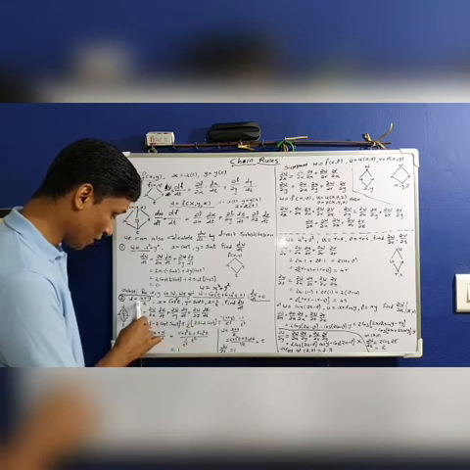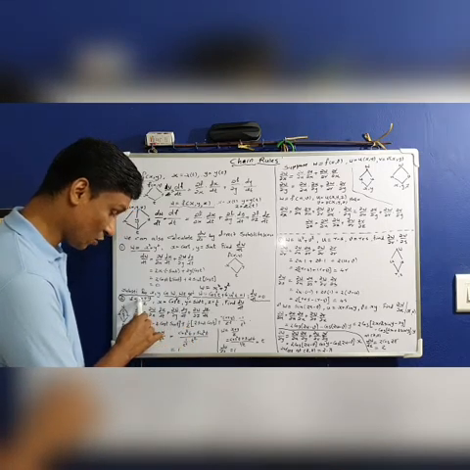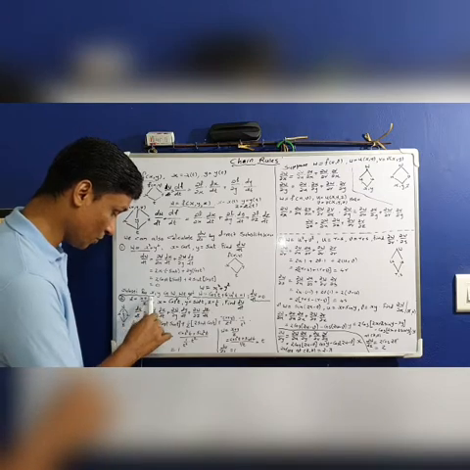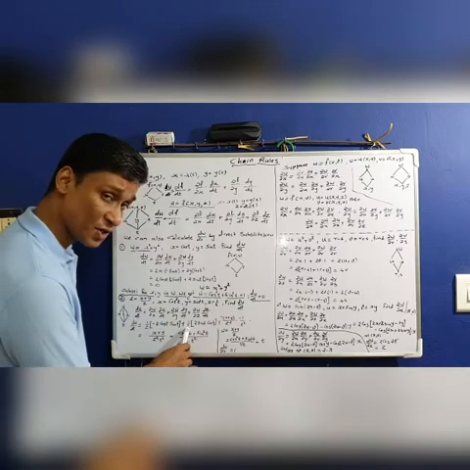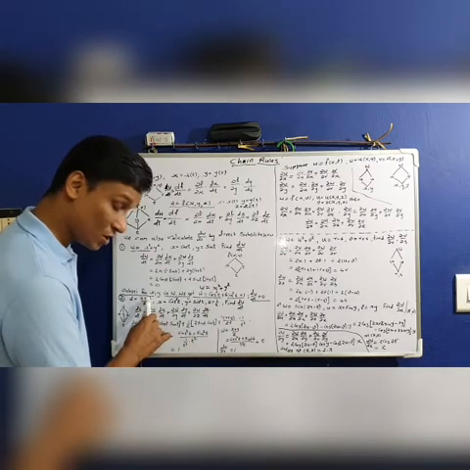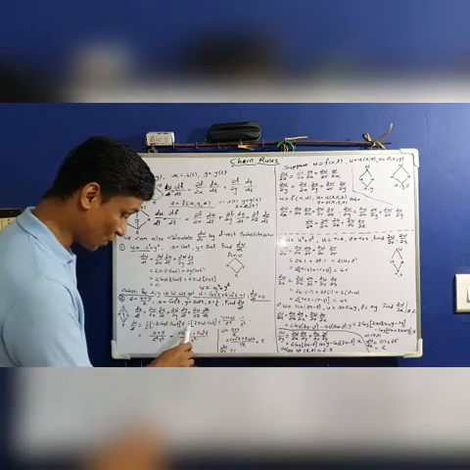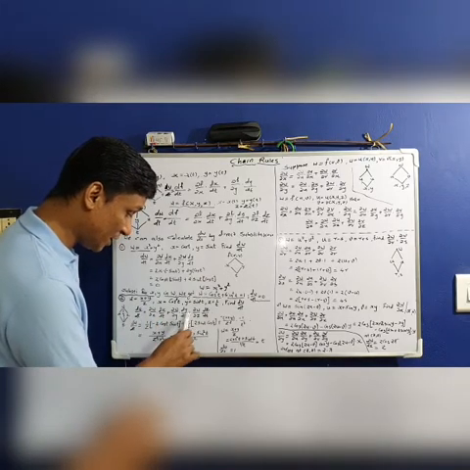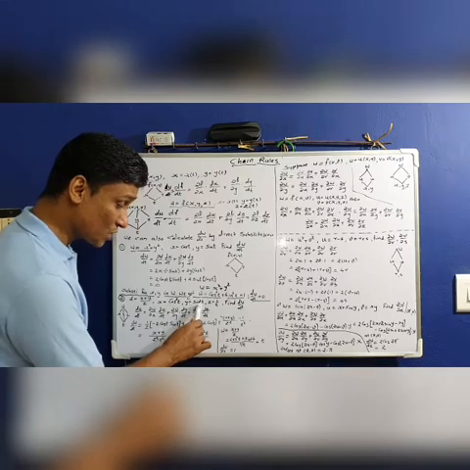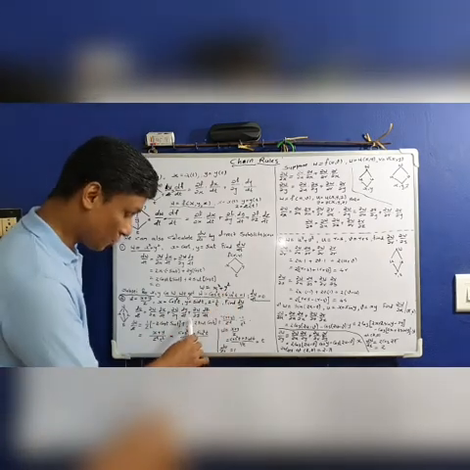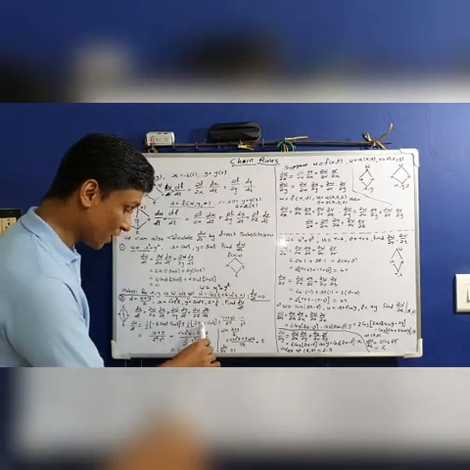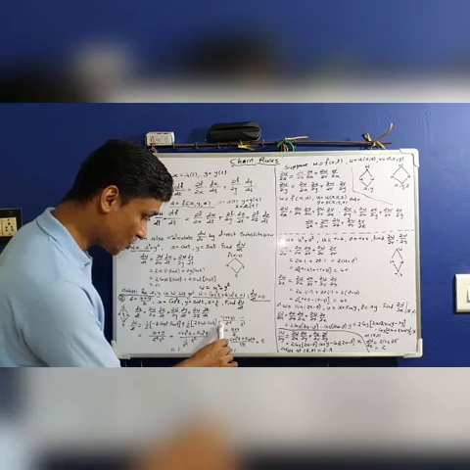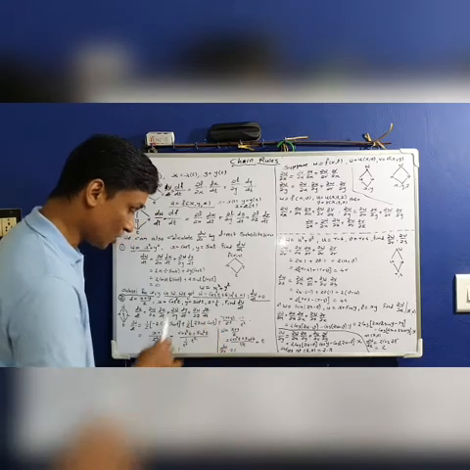Here x is a constant, z is also a constant, so dou w by dou y is again 1 by z. Here it is only y, so dou w by dou y is 1 by z into dy by dt. Dy by dt is 2 sin t cos t. So 1 by z into 2 sin t cos t, plus dou w by dou z.